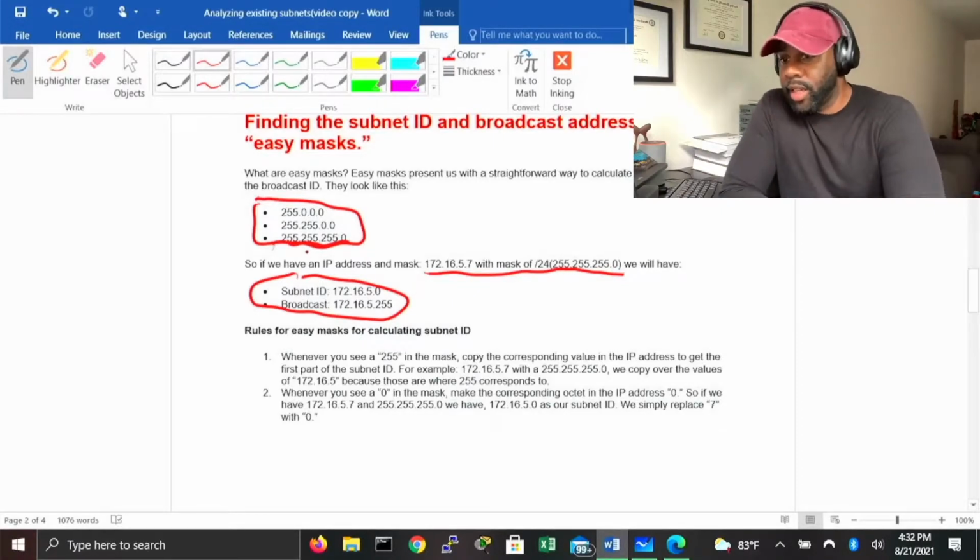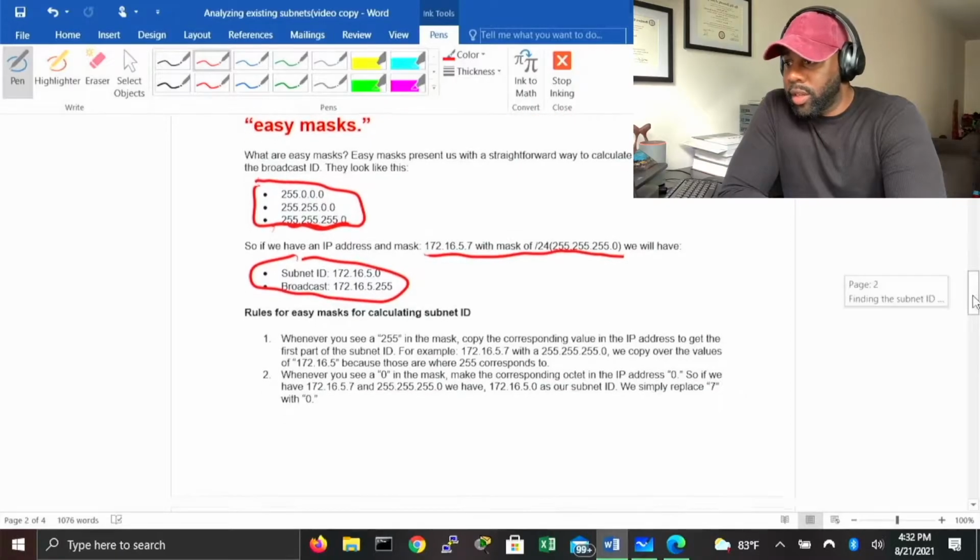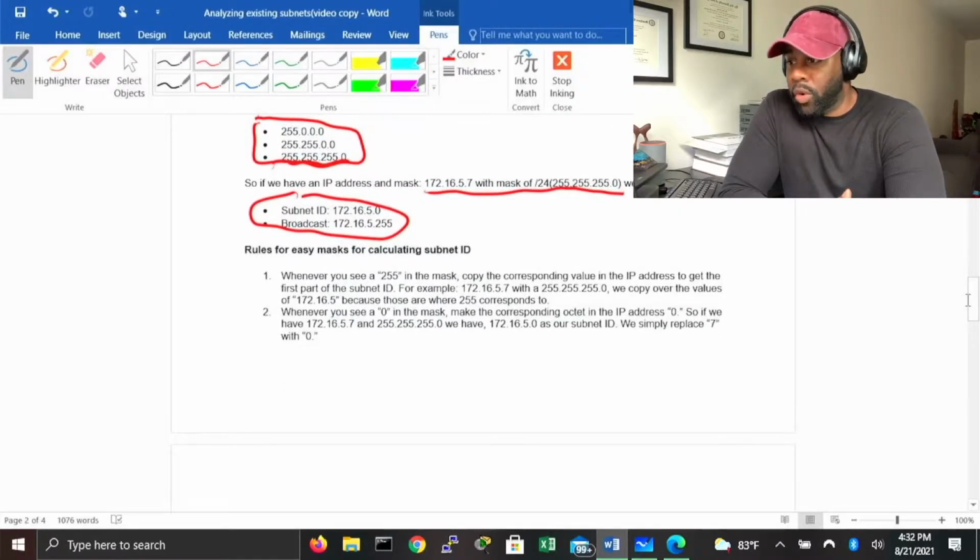It's pretty easy. Let's go over the rules for easy masks for calculating the subnet ID. Whenever you see a 255 in the mask, copy the corresponding value in the IP address to get the first part of the subnet ID.